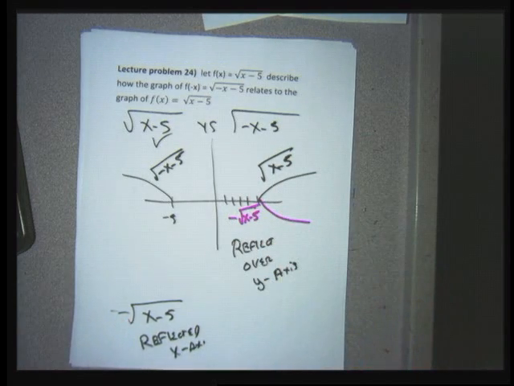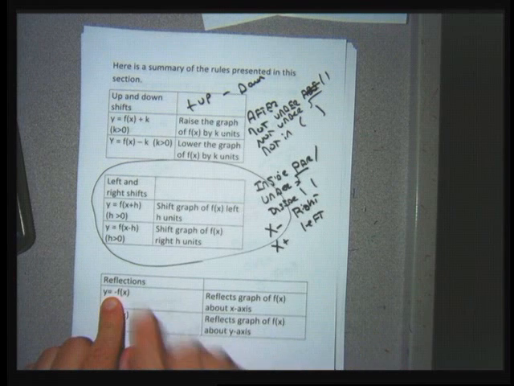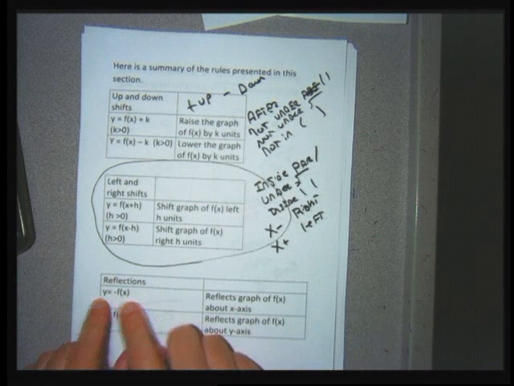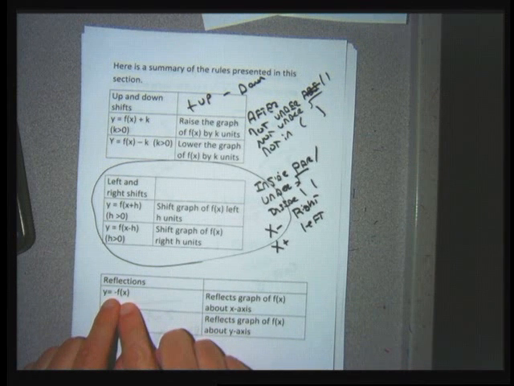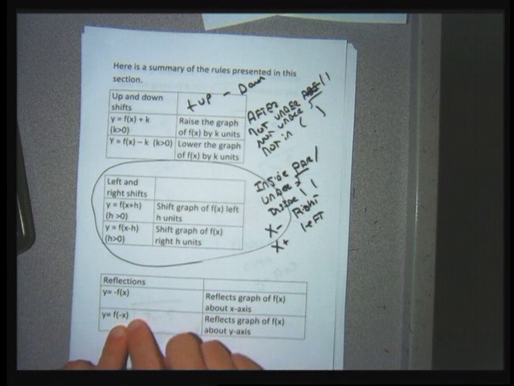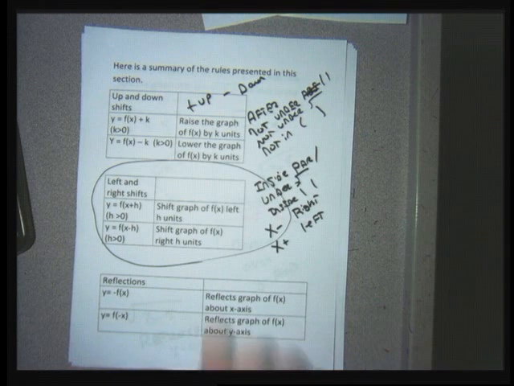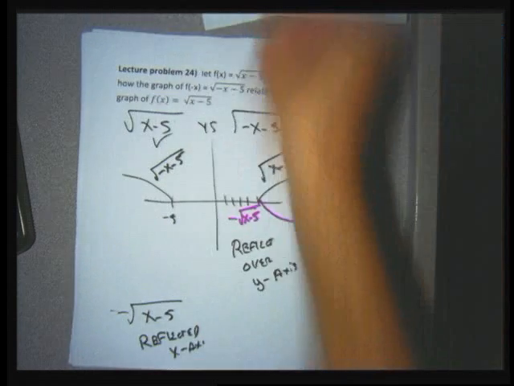So negatives move across axes. Putting a negative and multiplying the whole function by a negative flips it over the x-axis. And this box says if you change the x to a negative x, it reflects it over the y-axis. That's all the warm-up that we need, believe it or not, to be able to do the homework that's required for this section.